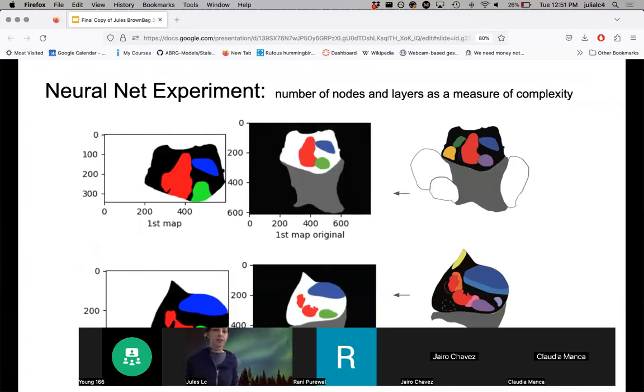The other thing we're doing is a neural net experiment, and I'm really glad you explained the convolutional neural nets because I don't want to explain this too much. We're doing a pretty simple feed-forward multi-layer perceptron, with Stuart Wilson of the Self-Organization Lab, and we're training it on the cortical images. We take these traced images, and we have an XY location and a color associated with that location, and that's what we feed into the neural net.